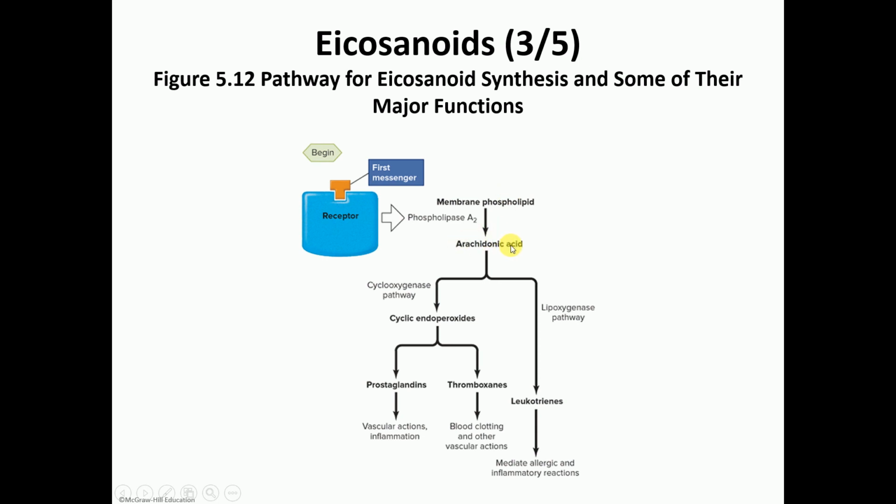Now, arachidonic acid has two pathways depending on what's going on. So if there's an allergy going on, arachidonic acid through a pathway known as the lipoxygenase pathway can start making leukotrienes. Leukotrienes mediate allergies and inflammatory reactions, for example, asthma as well.